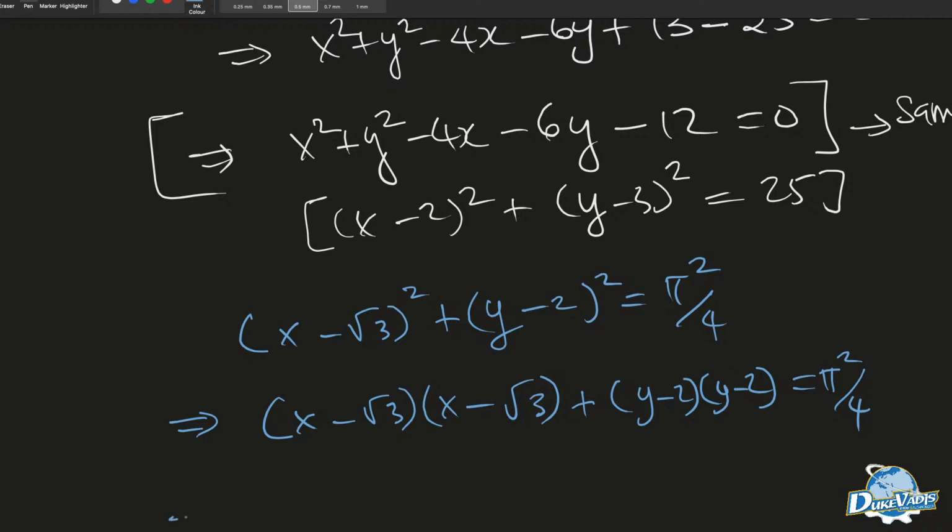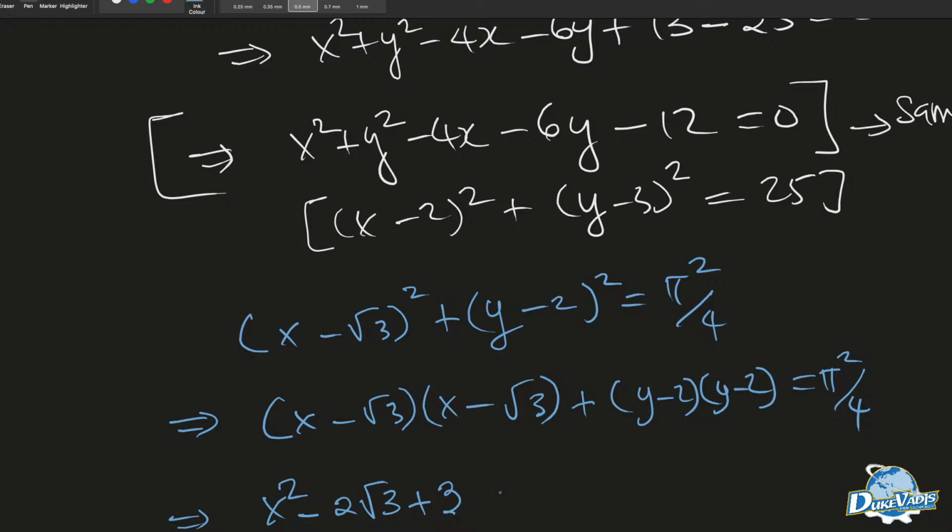Then we say this will be x squared minus 2 root 3 x plus root 3 times root 3, so then you see this will be plus 3. So that makes life easy for us.